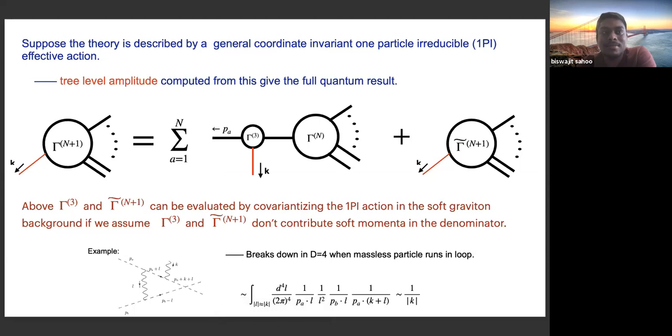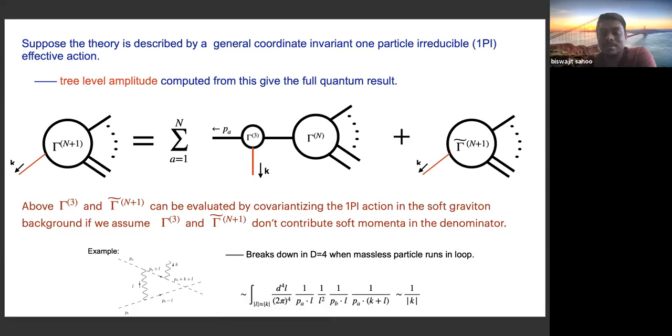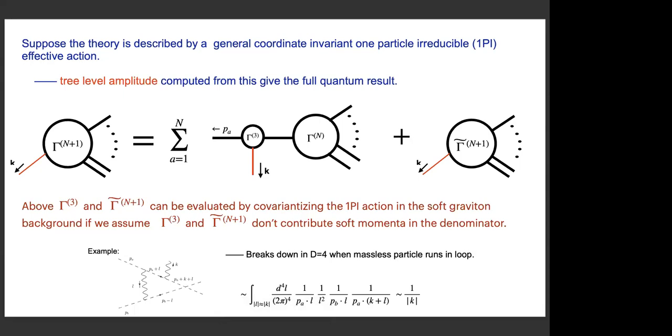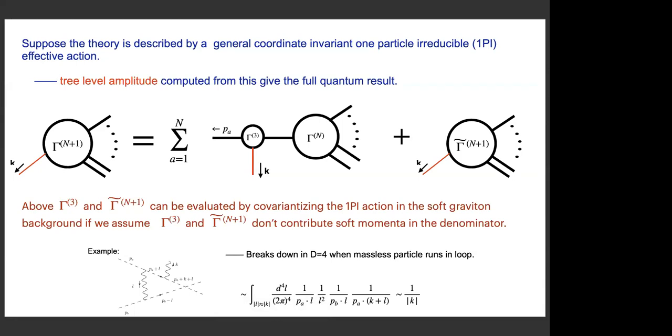As you see in your diagram, you have a gamma 3 times another gamma 3. Now you construct the 4-point function out of two gamma 3s. That's the recipe to go from gamma to the amplitude.